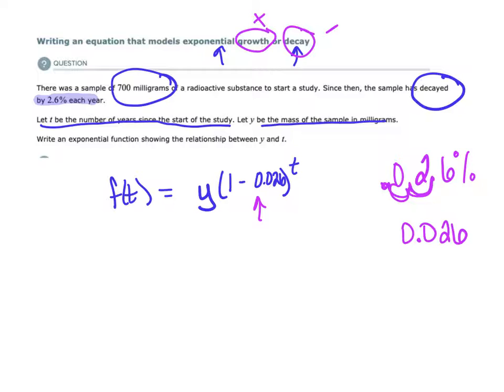Okay, so now we're going to plug some of these things in. So we've got f of t. We know that our starting point was 700 milligrams. Then we know that we're subtracting. So I have 1 minus 0.026.